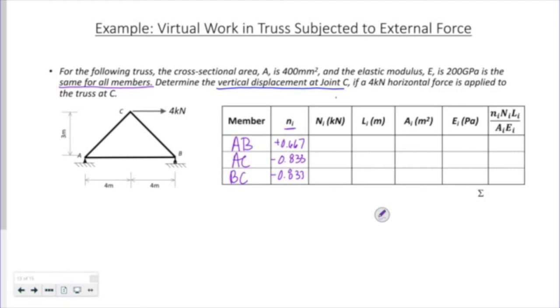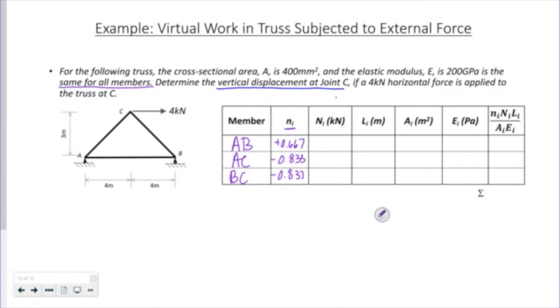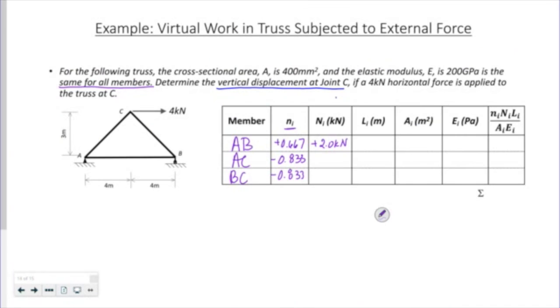Looking at my real system, I have AB is plus 2.0 kilonewtons, AC is plus 2.5, and BC is negative 2.5.